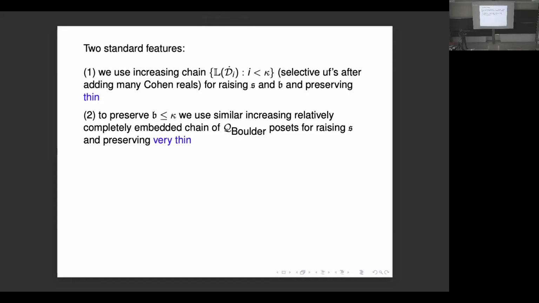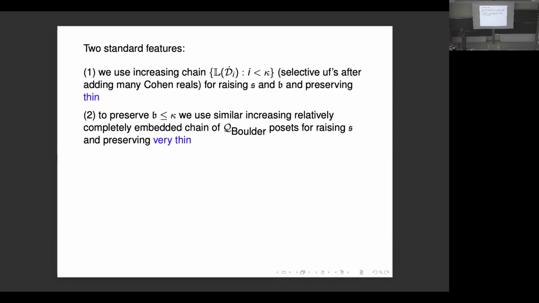Using Laver forcing adds a dominating real, so that's in the model. Adding dominating reals gets B equal to lambda. And to get B staying small, at kappa, we'll use a variation of what Saharan calls his Q Boulder. The Boulder proceedings is where he first proved that the bounding number can be less than the almost disjointness number and the splitting number.